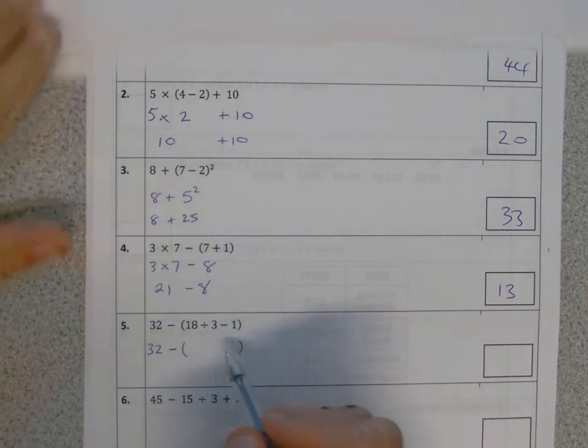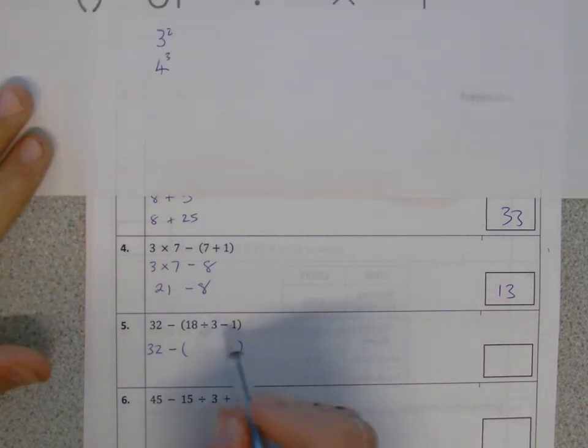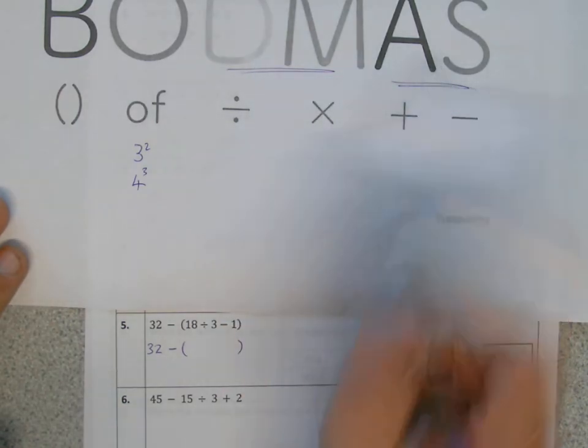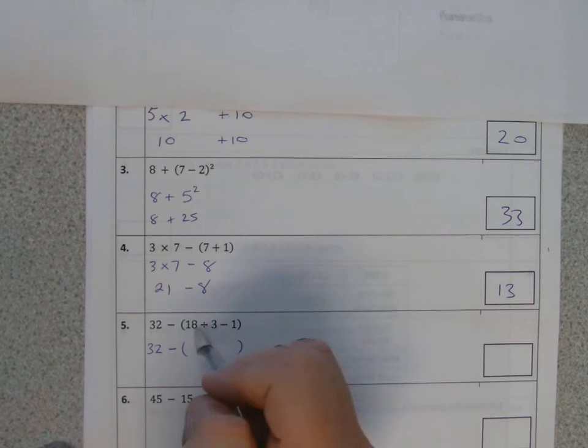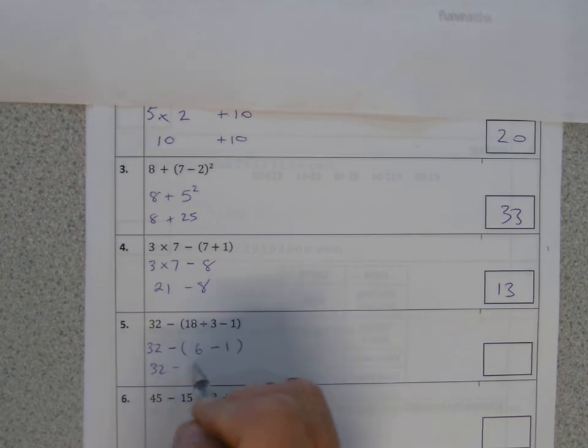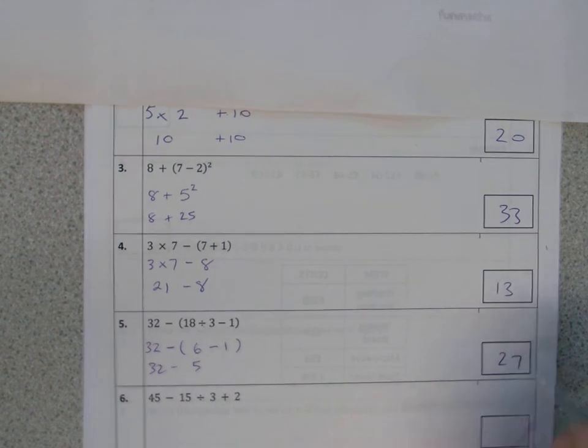With BODMAS, if you've got a divide and a take away, the divide has priority before subtract. So I would do 18 divided by 3, which is 6, and then minus 1. Once you've done the divide, now we can subtract. So it becomes 32 take away 5. You've got rid of the bracket now, and that becomes 27.